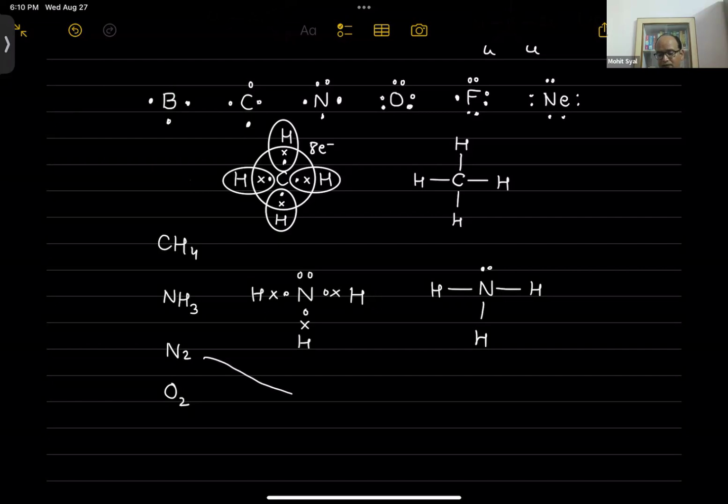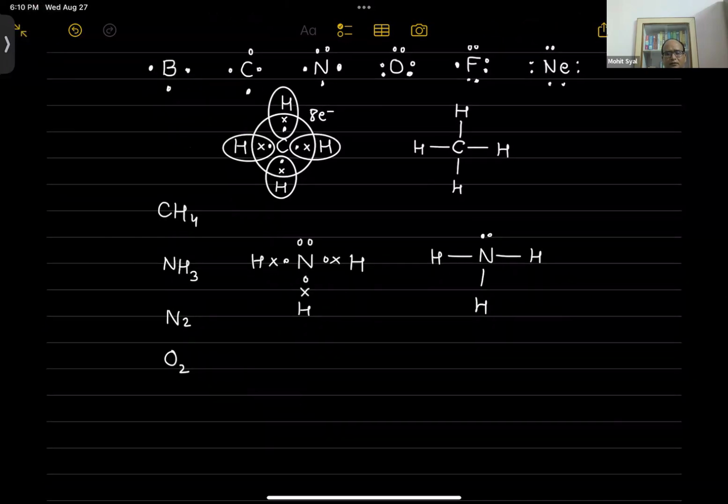What about N2? Can you help me out, both of you, Nabila and Maha, to draw the Lewis structure of the dinitrogen molecule? Yes, sir. We can write that each nitrogen atom will have 6 because they will share one electron with each other.